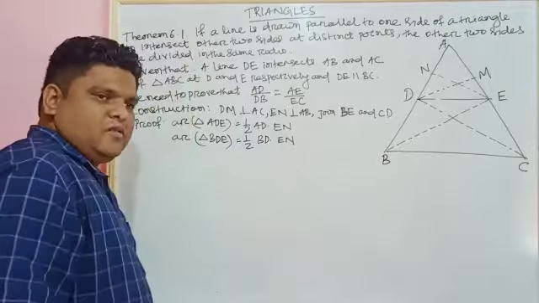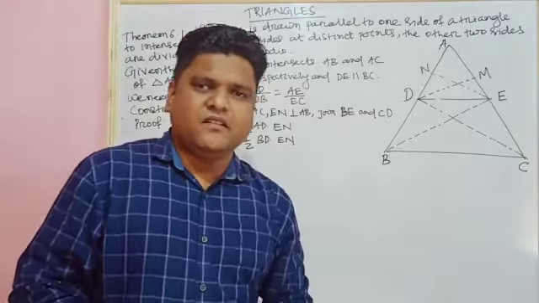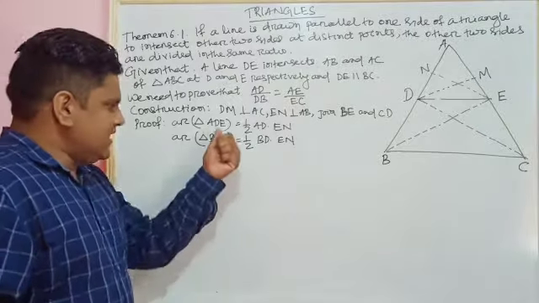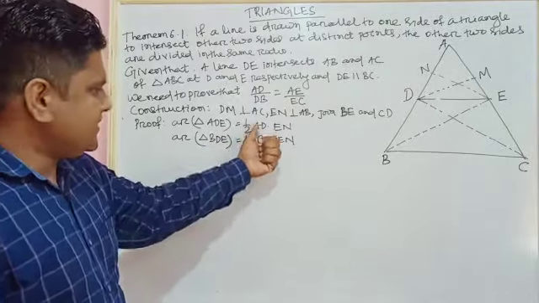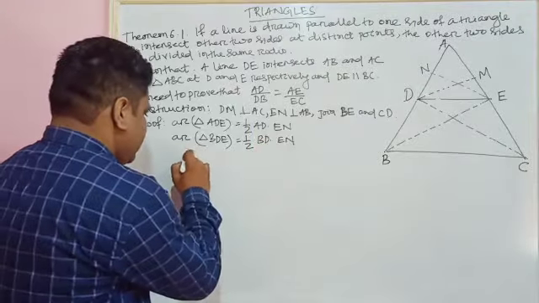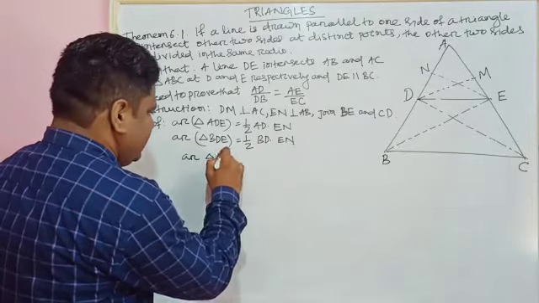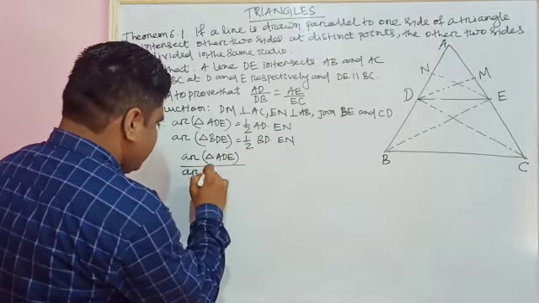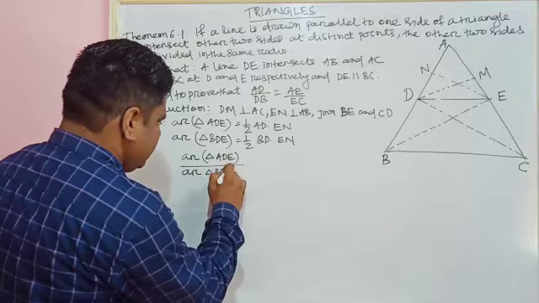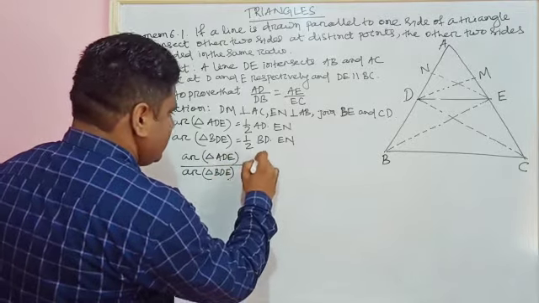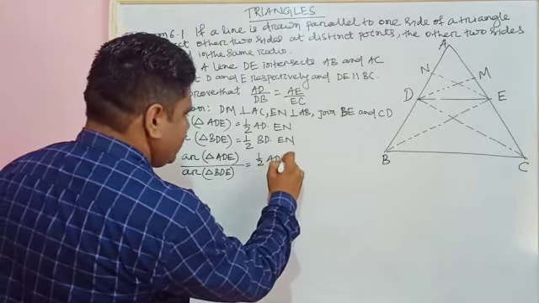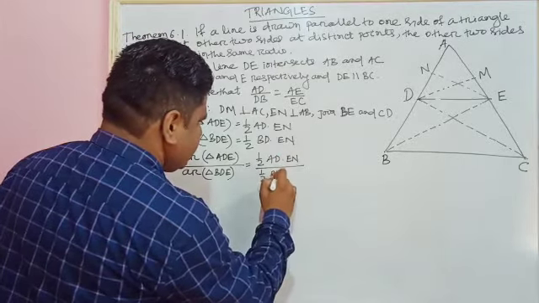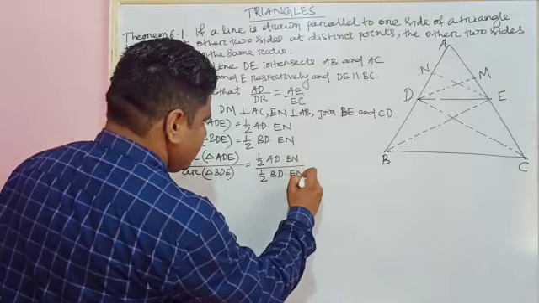So we have to find the ratio of area of triangle ADE and BDE. Let's find this. Means the LHS divided by LHS and RHS divided by RHS. So area of triangle ADE by area of triangle BDE is equal to half into AD into EN by half into BD into EN.